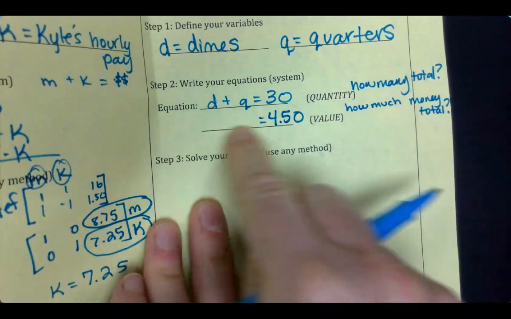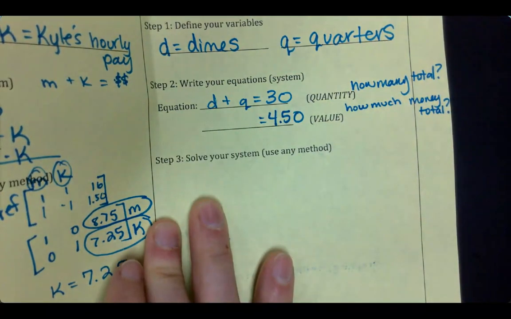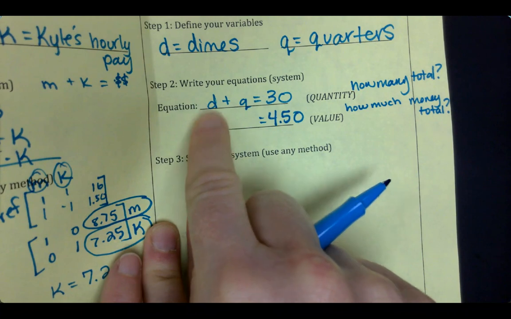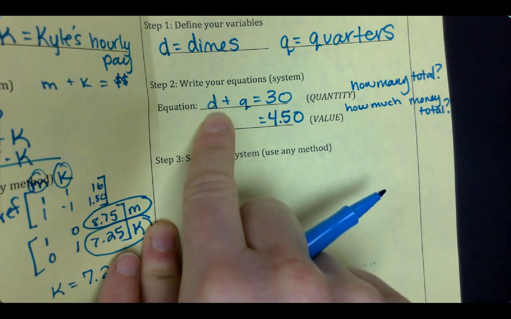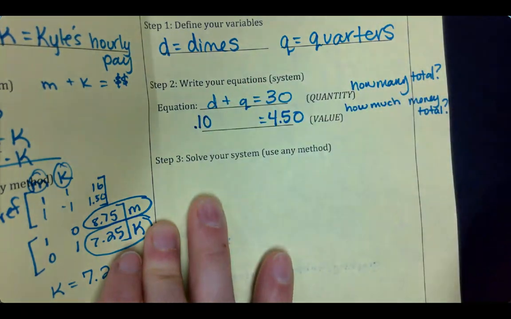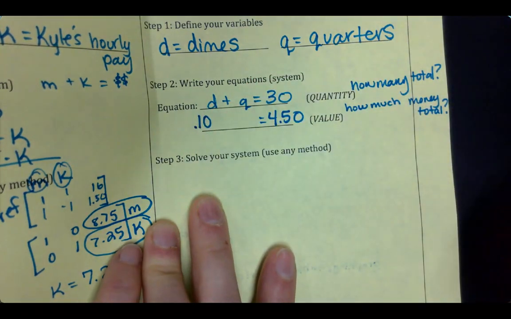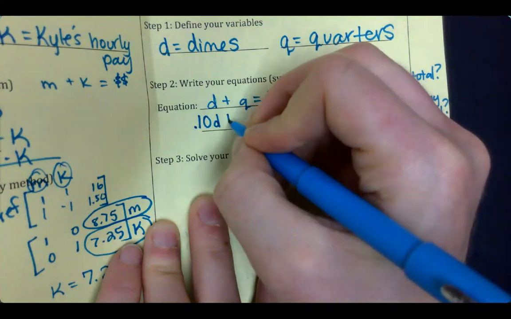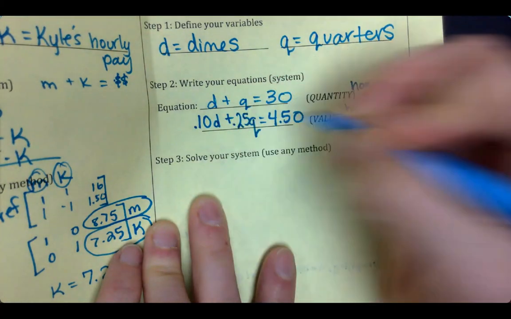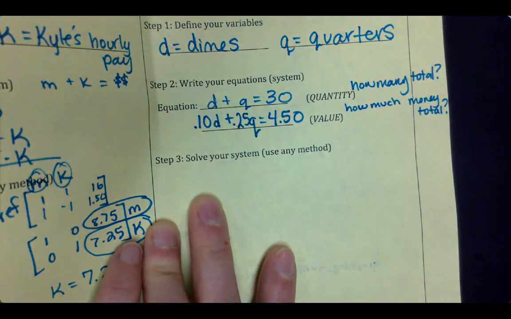So now we've got to come up with the other side. Talk about value. How much total? We've got to know how much each is worth. How much is a dime worth? 10 cents. So I'm going to attach the value of each to their variable. So 0.10D plus 0.25Q equals 4.50.